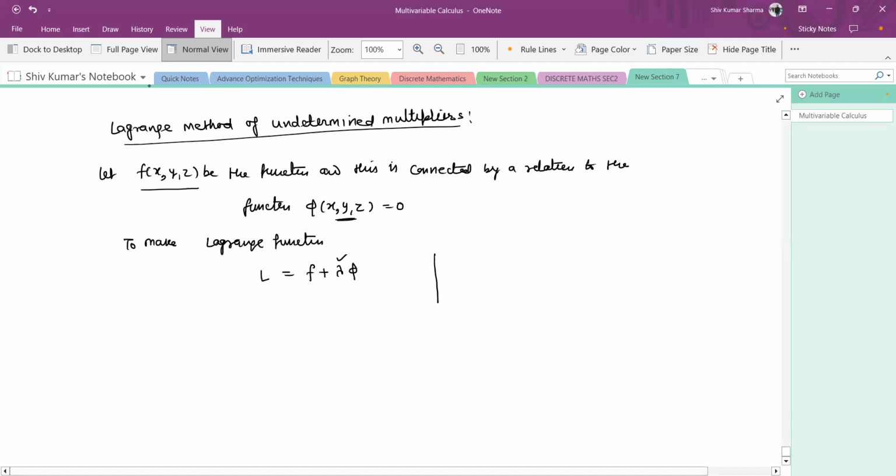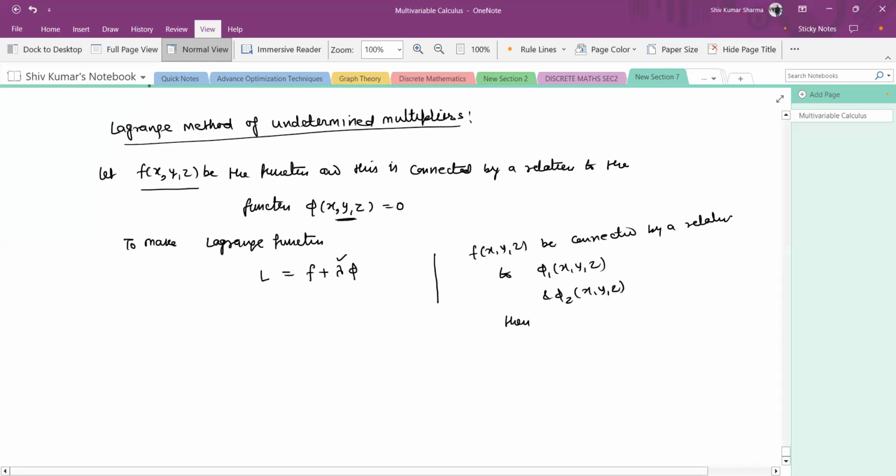Suppose a function f(x, y, z) is connected by a relation to the functions phi1(x, y, z) and phi2(x, y, z).